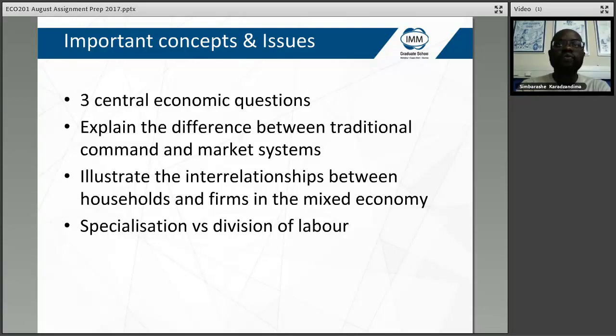We also have the how part. How are we going to produce those goods, which is also referred to as the input question. Are we going to use more labor than machines? If we use more labor, what are the implications? If we use labor, we are going to be able to reduce the unemployment rate.